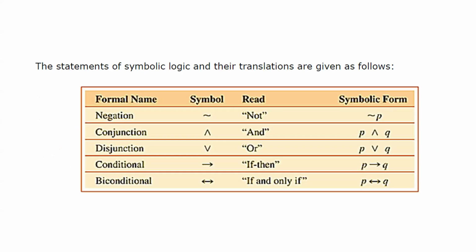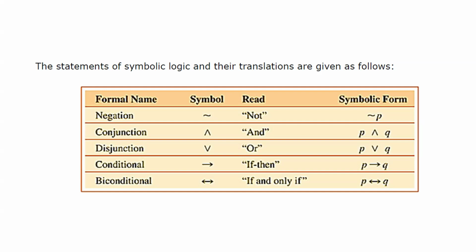The statements of symbolic logic and their translations are given as follows. For negation, we have a squiggly line read as not. So if we place this in front of a variable like p, it would read not p. A conjunction has kind of like an up arrow. This symbolizes the word and.